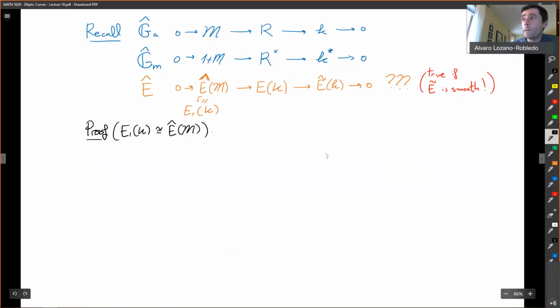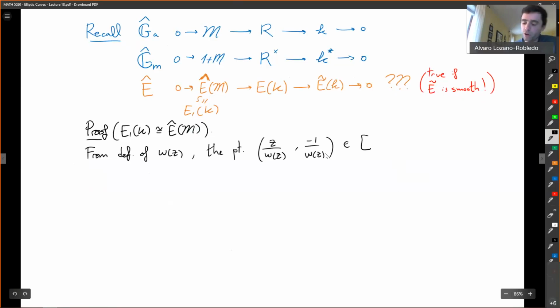Okay, so remember that from the definition of W, the point (Z, W(Z), minus 1) is a point on E over power series. Okay, so that's what we meant when we said that it was a formal solution. It's on E, and we need to check that this actually converges.